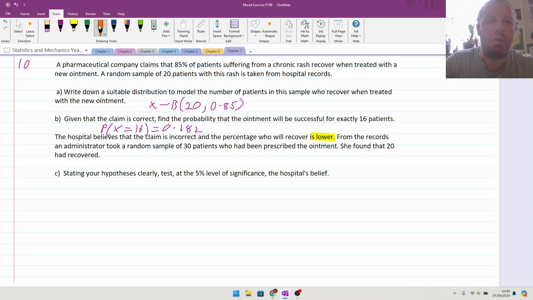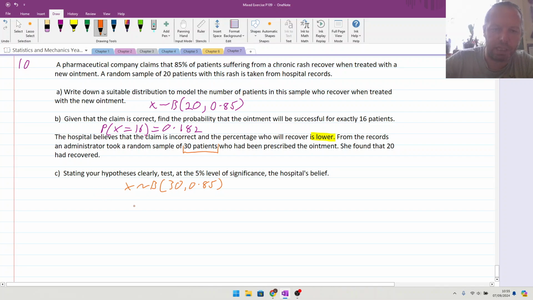We need to change the distribution because the sample size is now 30. We still have a probability of recovering of 0.85, and so now we can set up the null and alternative hypotheses. The null hypothesis is always the same: the probability equals 0.85, it is correct.